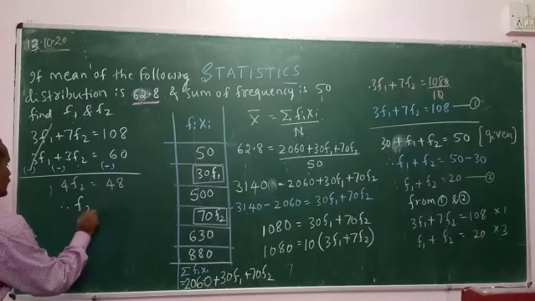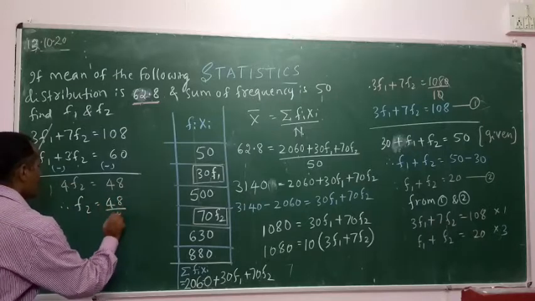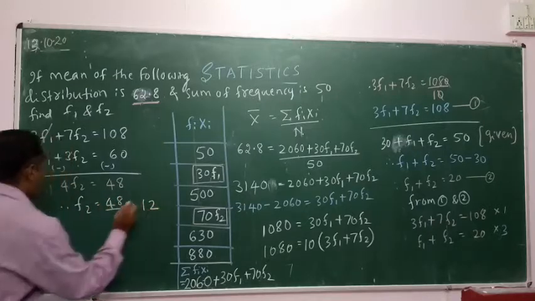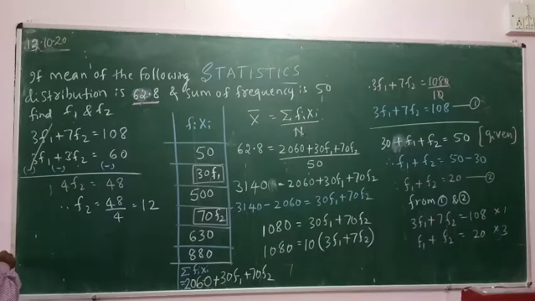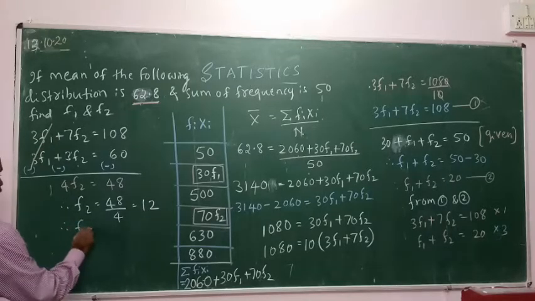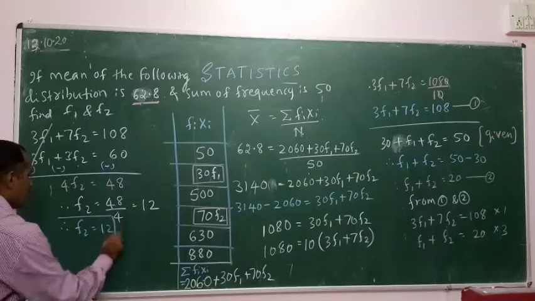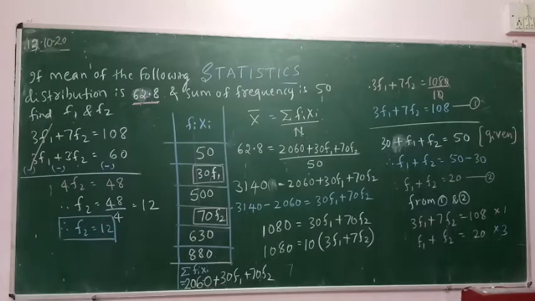Therefore, F2 is equal to 48 by 4. The answer is 12. You got one of the values: F2 is equal to 12.